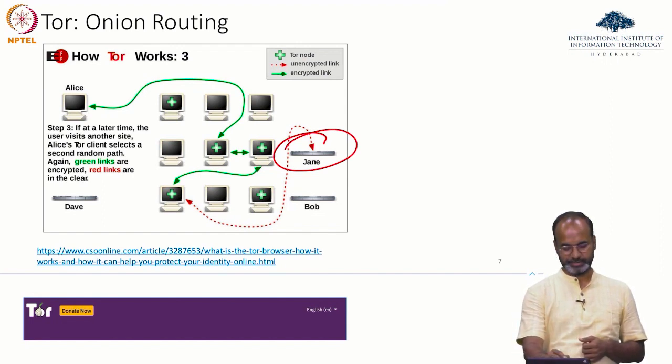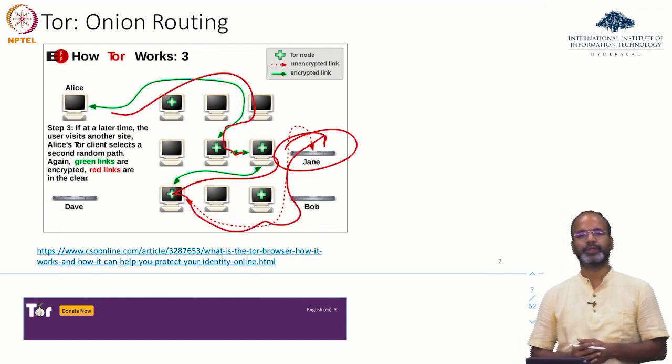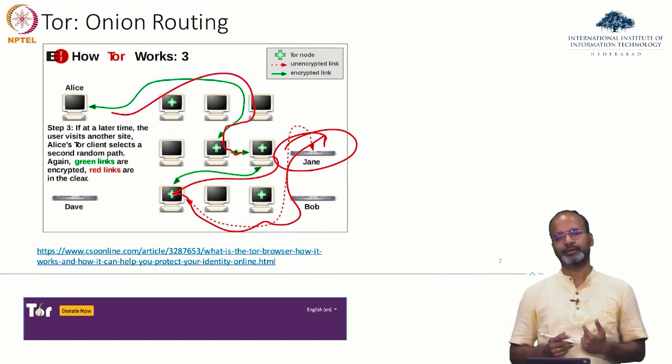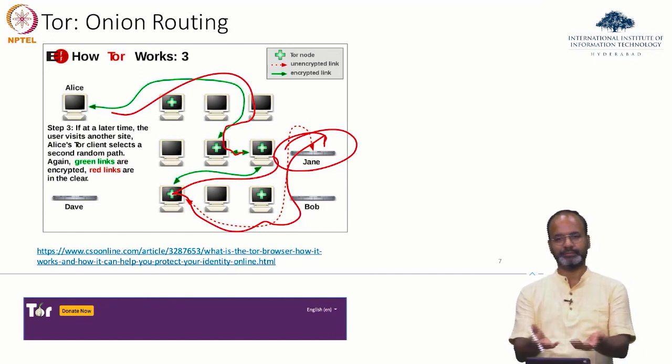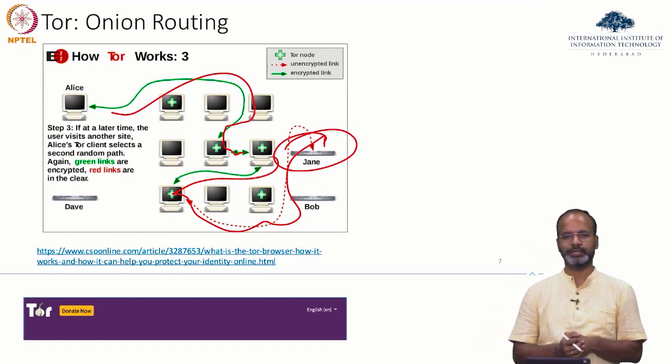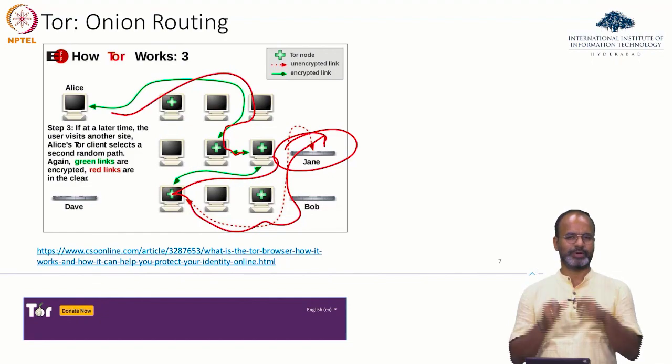It takes a different path, not the path that was taken the first time, and therefore anonymity is provided. Again, the onion routing method still applies in this image also. Hope that helps you get a sense of what Tor is.